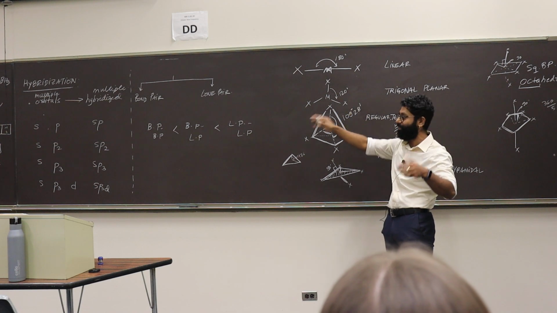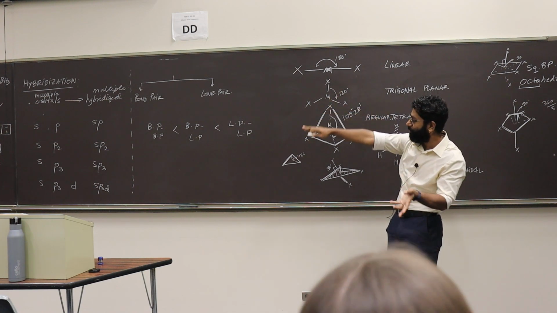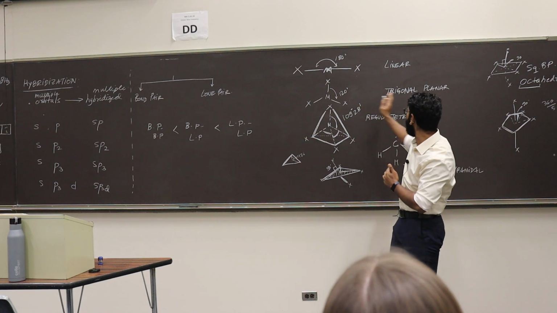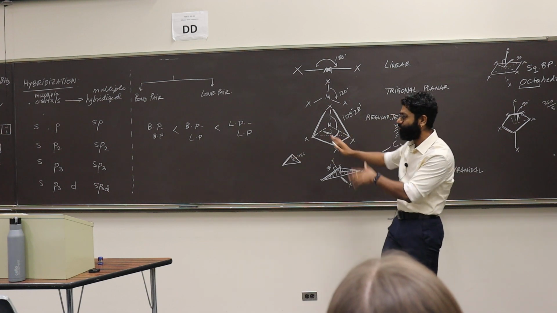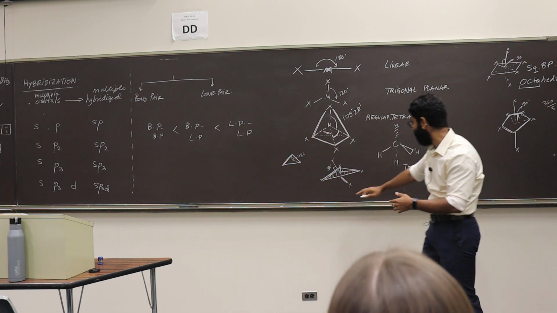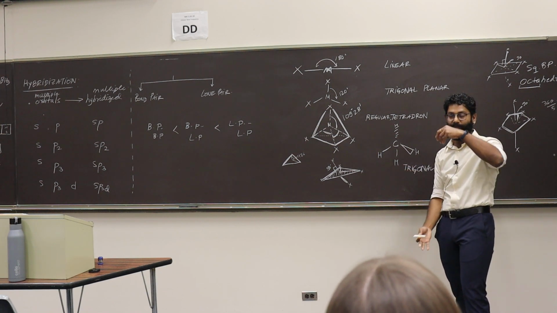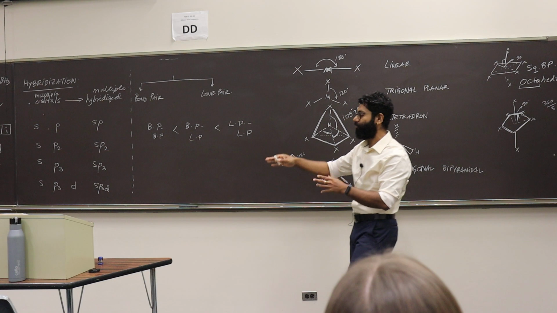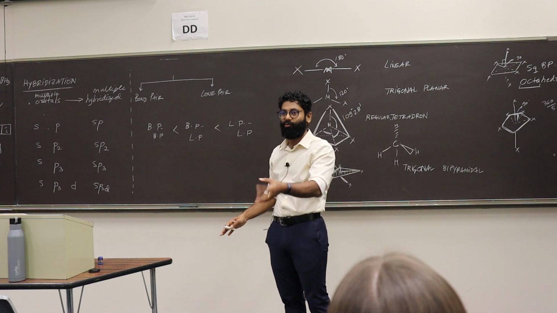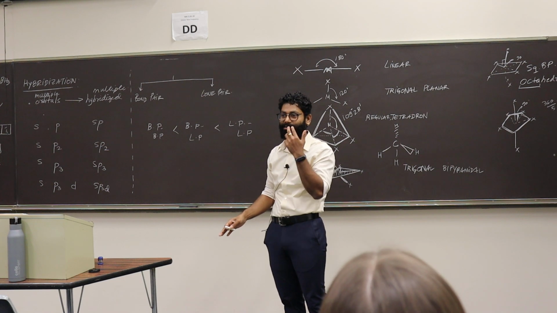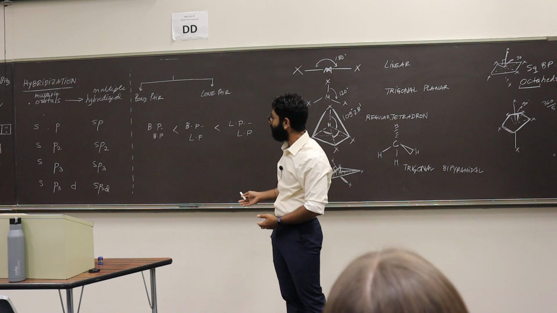So that was my idea. 2 is sp, linear; 3 is sp2, trigonal planar; 4 is sp3, tetrahedral; 5 is sp3d, trigonal bipyramidal; 6 is sp3d2; 7 is sp3d3. Let's stop it there because I did not learn after that. This will cover a lot of ground anyway.